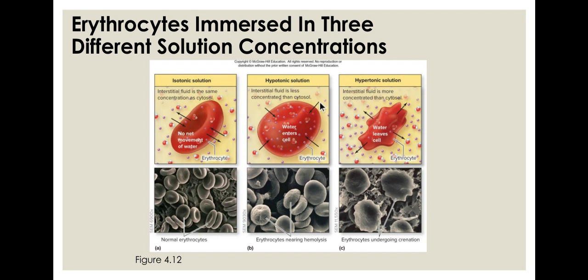If we get a solution that is hypotonic, remember those hungry hippos, it's going to bring water into the cell. The cells will swell, and that's okay if it's a little bit, but if it keeps having this hypotonic solution around these cells, they can burst, and that can be hemolysis.